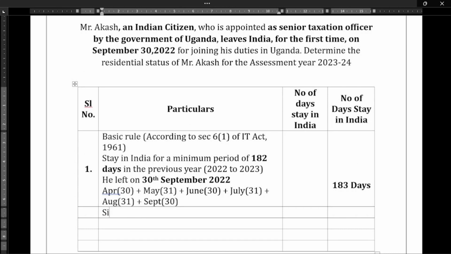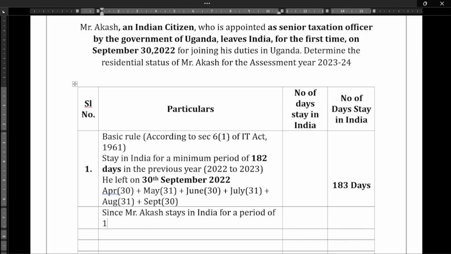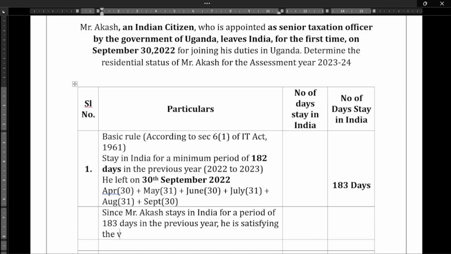Since Mr. Akash stays in India for a period of 183 days in the previous year, he is satisfying the basic condition according to the IT Act of 1961.